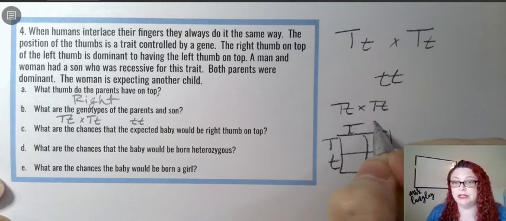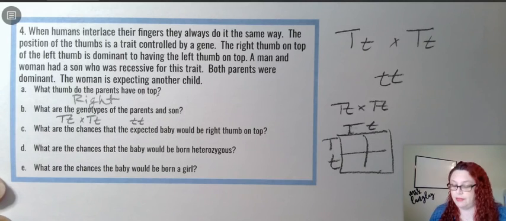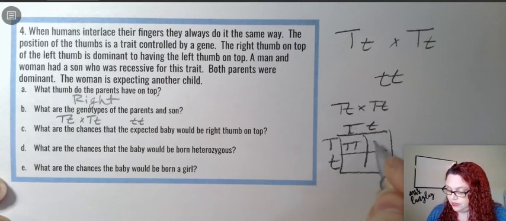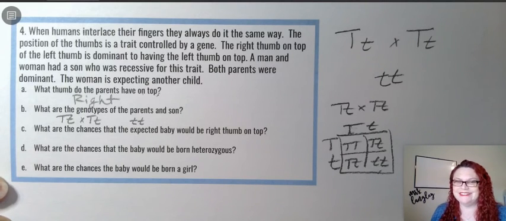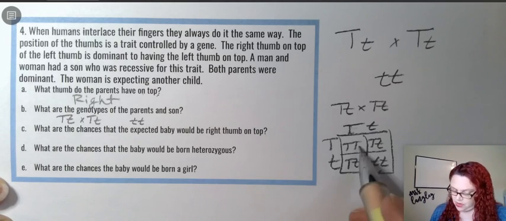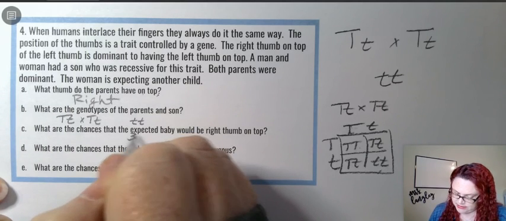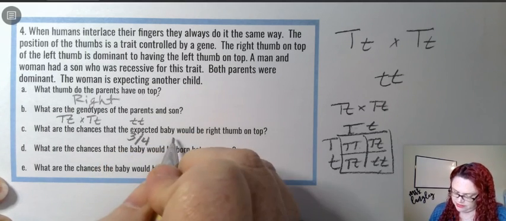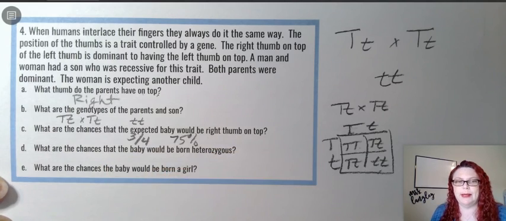So capital T, then a lowercase t. Okay, now put all that information back together. It looks familiar, right? So what are the chances that the expected baby would be right thumb on top? Right is dominant. So we have a 3/4 chance or 75%. You can write it either way.